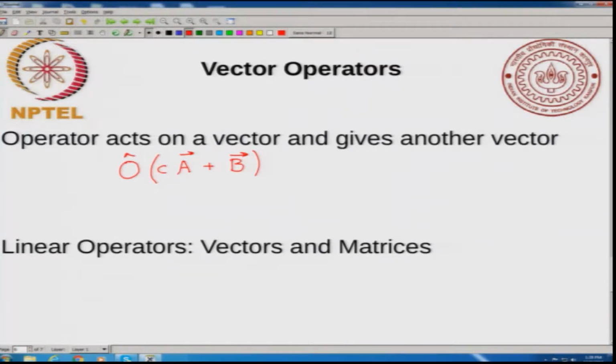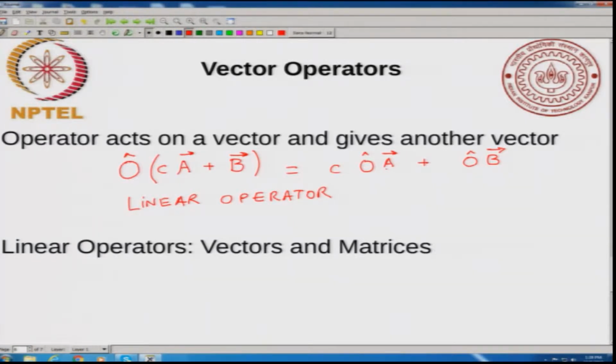If I can write this as C times the operator on A plus the operator on B, then this is called a linear operator. So, a linear operator is an operator which, when it acts on a linear combination of vectors, gives a linear combination of the operator acting on each of the vectors.